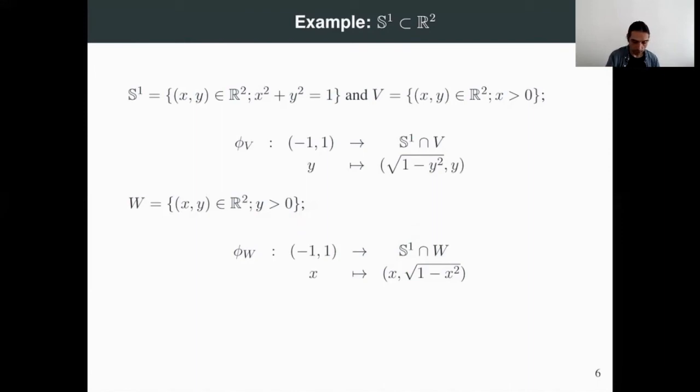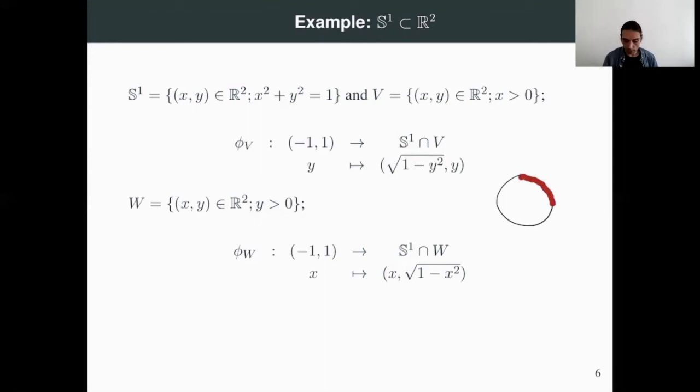Now, there are points that have been parameterized twice. If we make a picture of the circle, the points that satisfy that x is positive and y is positive have been parameterized twice, so the points more or less over here.